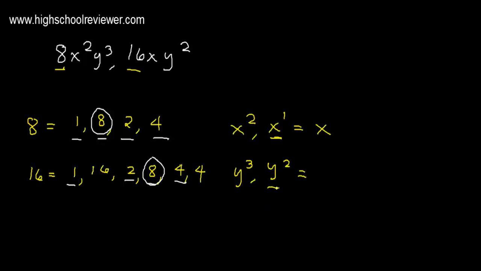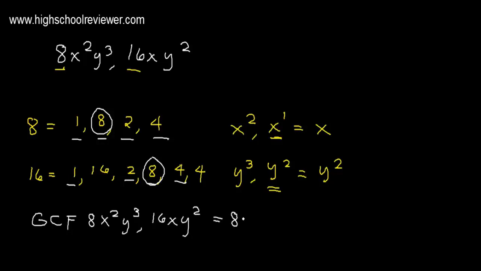So the GCF here will be the one with the lowest exponent, and that is y squared. And now the GCF of 8x squared y cubed and 16x y squared will be 8, x, and y squared. So therefore 8x y squared is our final answer.